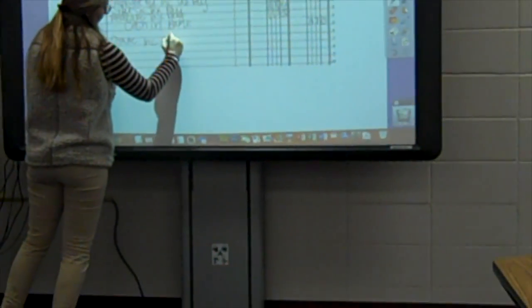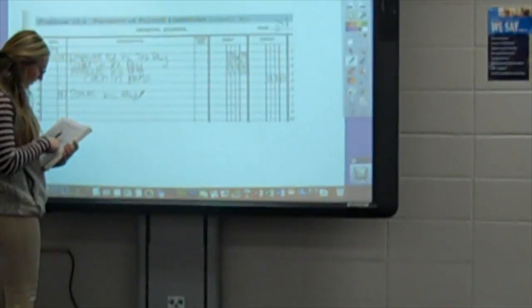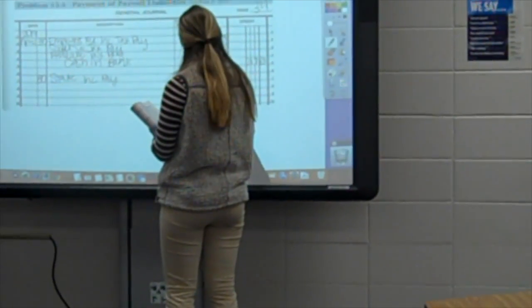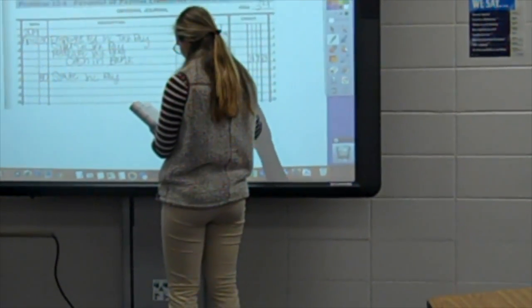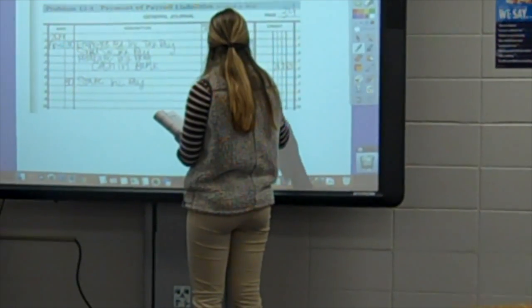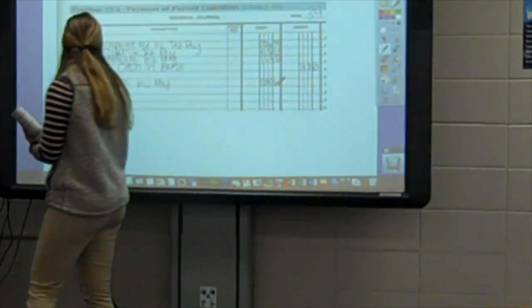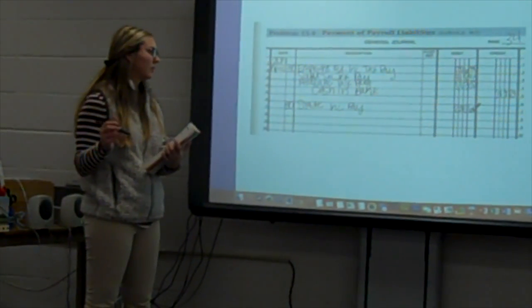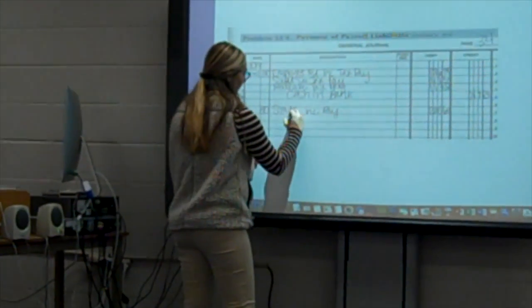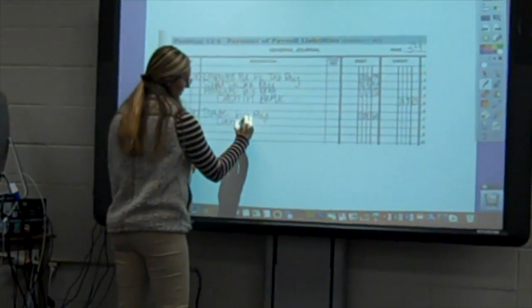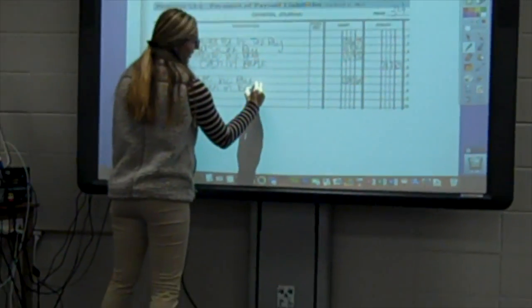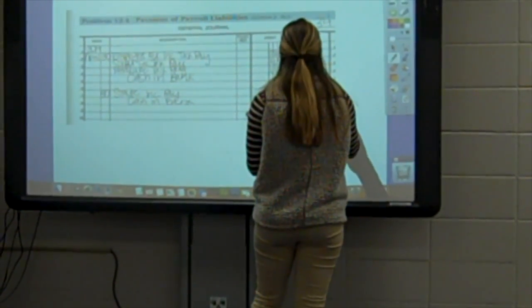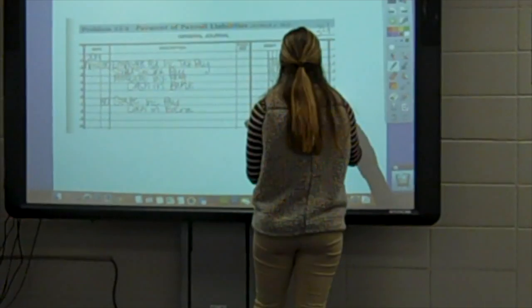And how much is that for? $205.60. Do we have any other debits? No. What's our credit going to be? Cash in bank. And that's going to also be for that $205.60.